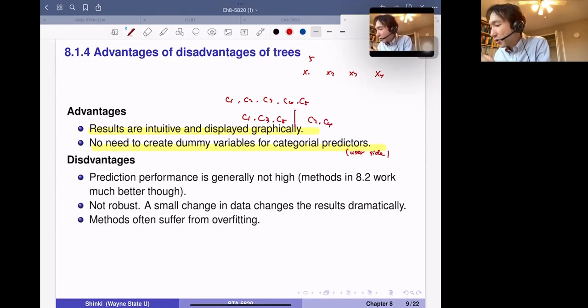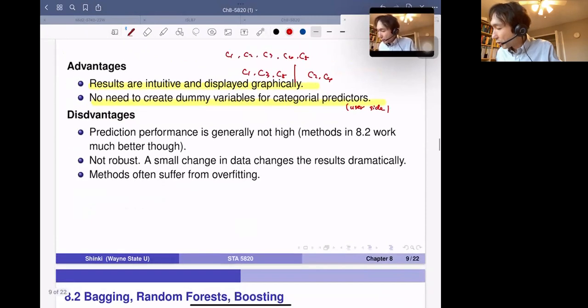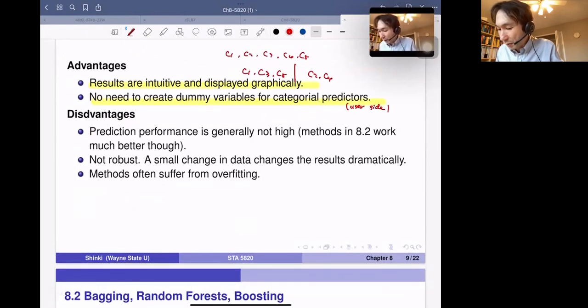Then it chooses the best split. So at least it looks simple, and we don't really have to prepare dummy variables. The disadvantage is that prediction performance is generally not high unless we use more advanced improvement methods.